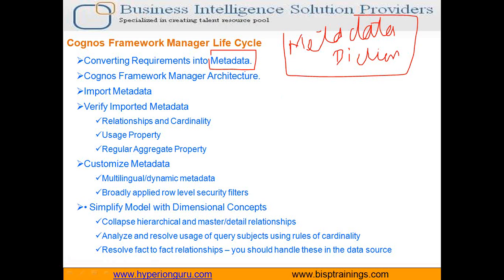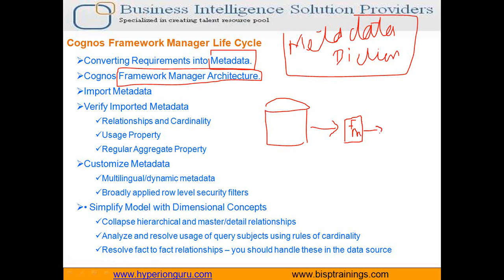Then on top of metadata, we are going to design our Framework Manager. In fact, Framework Manager is a metadata modeling tool, but specific to reporting. The metadata available in your enterprise warehouse is common, and the feed goes to all solutions: your reporting, analysis, data mining, and many other sources. So if you consider your enterprise data warehouse, I may cut a slice of it and use Framework Manager, and my report will fit on top of that.